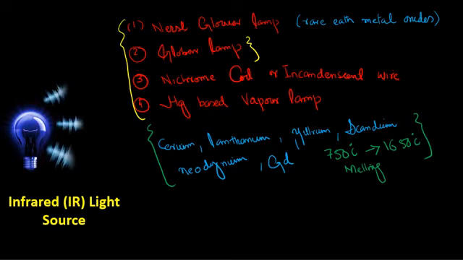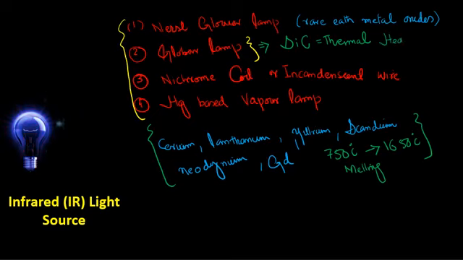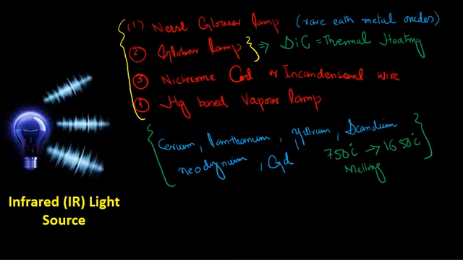The second type of infrared radiation source used in the IR spectroscope is known as the Glover lamp. The Glover lamp is based on silicon carbide, and these lamps produce IR radiation due to thermal heating when an electric potential is applied on the silicon carbide.